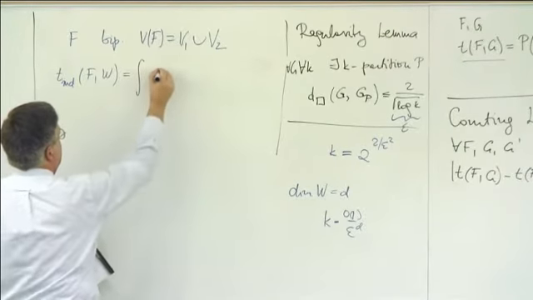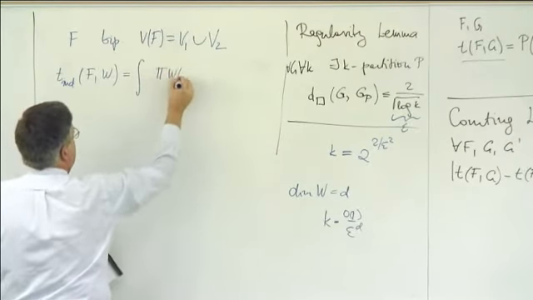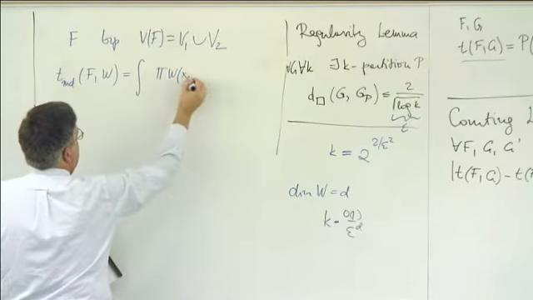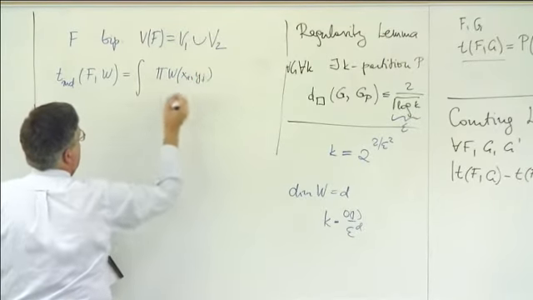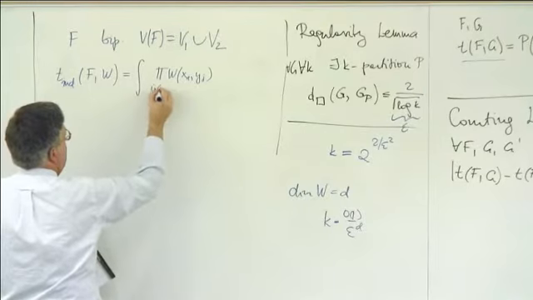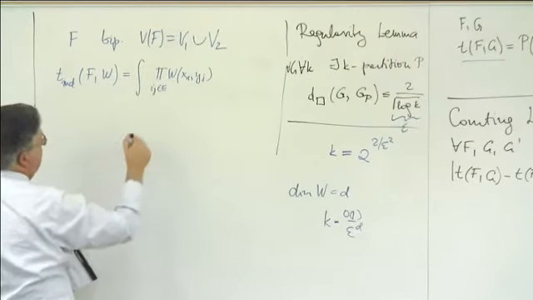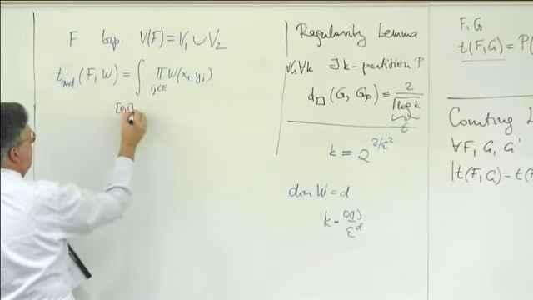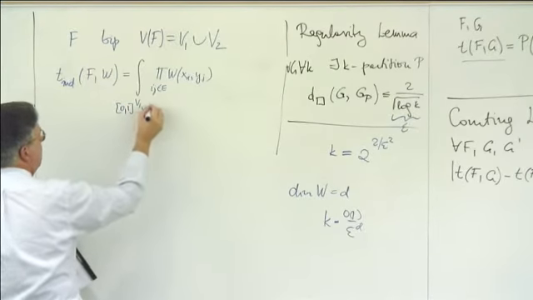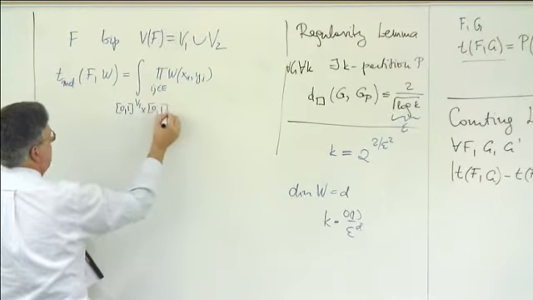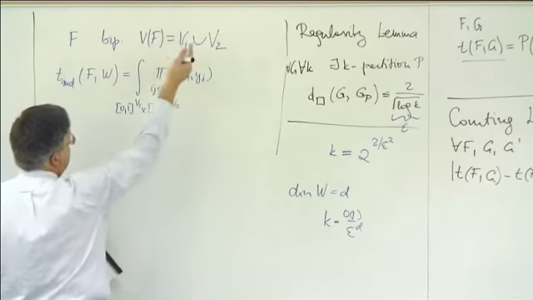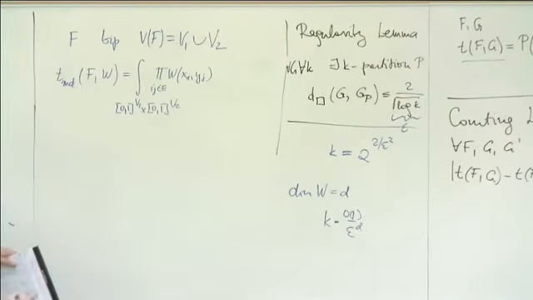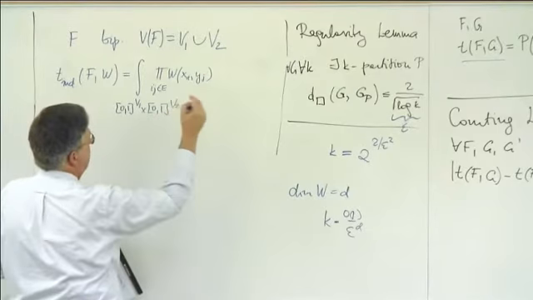It's an integral of the product of W(xi, yj) over ij an edge. So in this case, I will have [0,1]^V1 cross [0,1]^V2. So I will have a variable for every point, but I just denote them differently as x's and y's.